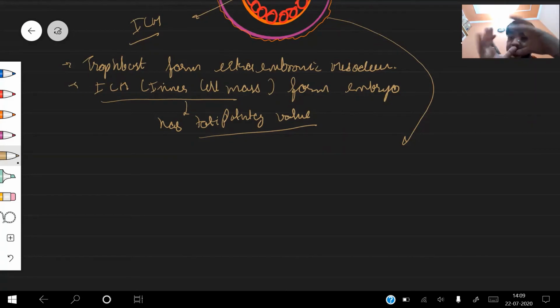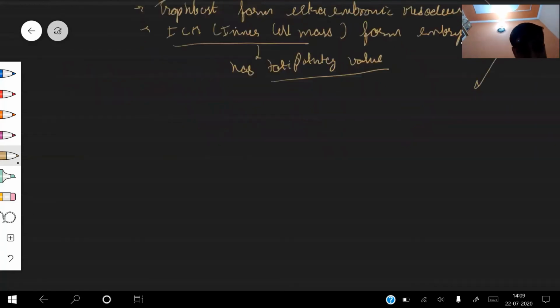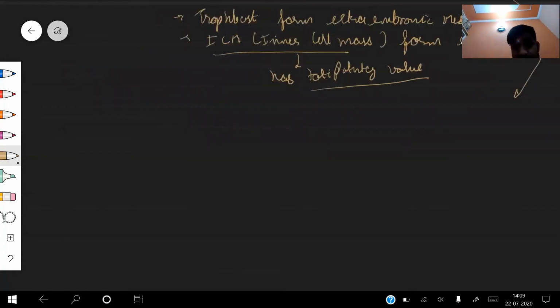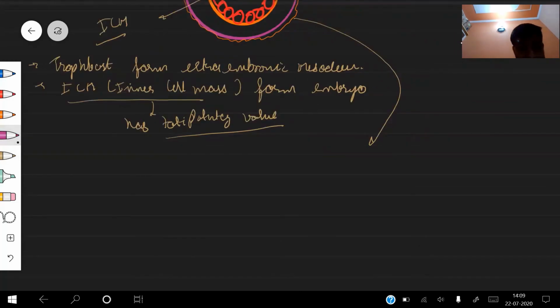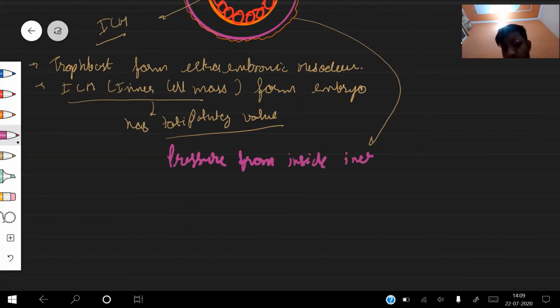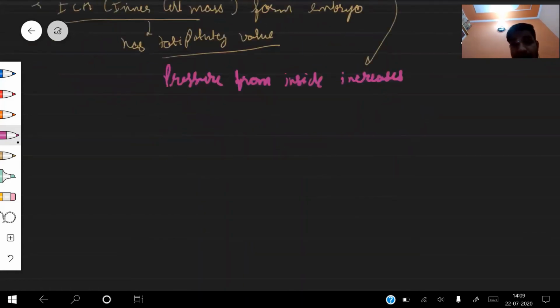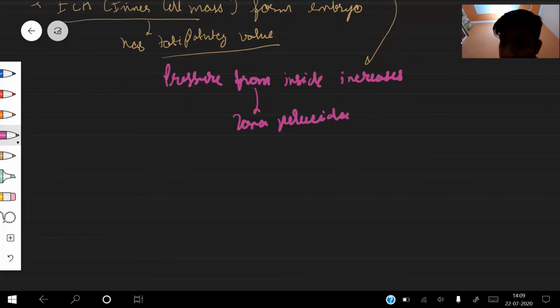The pressure from inside increases, and this leads to the zona pellucida rupture.